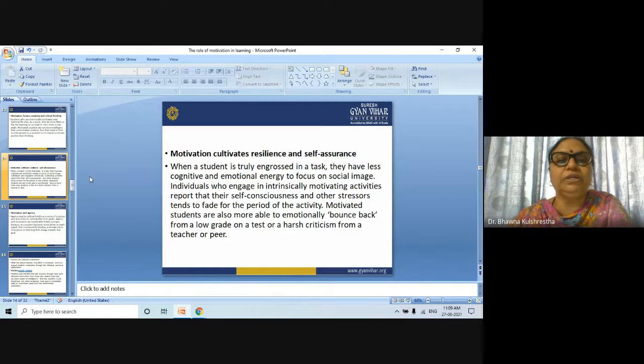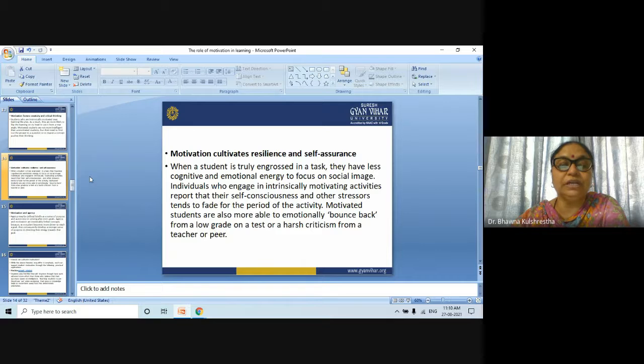Individuals who engage in intrinsically motivating activities report that their self-consciousness and other stressors tend to fade for the period of the activity.